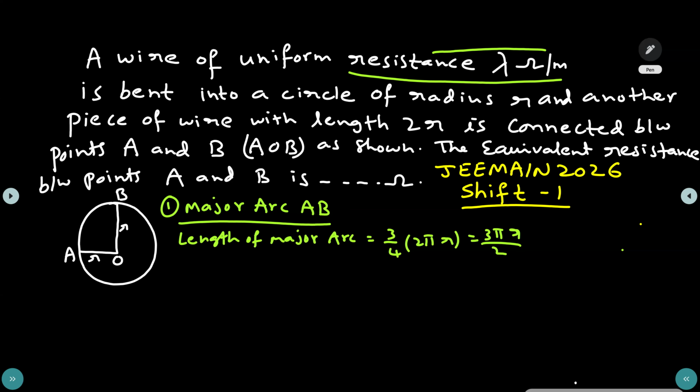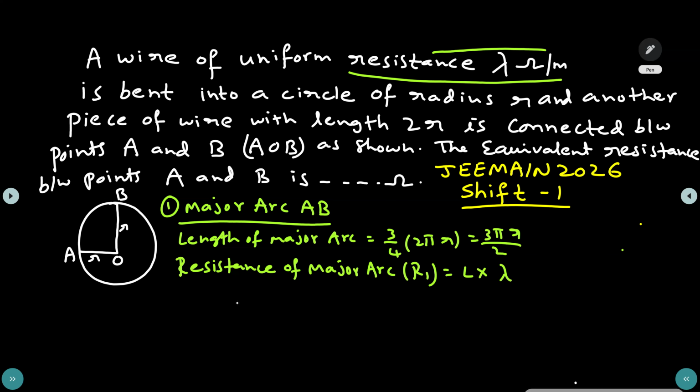Now here you can write the resistance of the major arc. I am taking it as capital R1. You can write it as length into lambda, the length into the uniform resistance of the wire, which is nothing but 3 pi r by 2 into lambda.